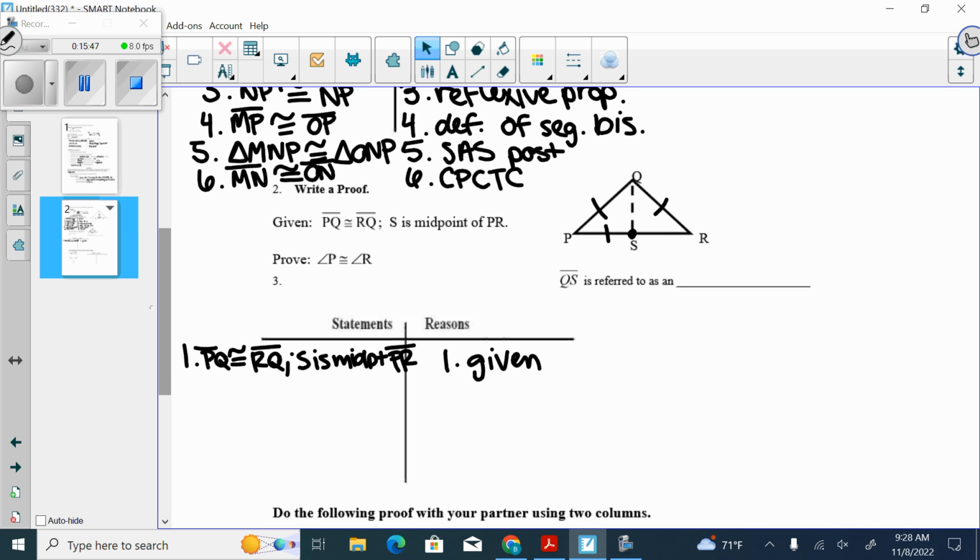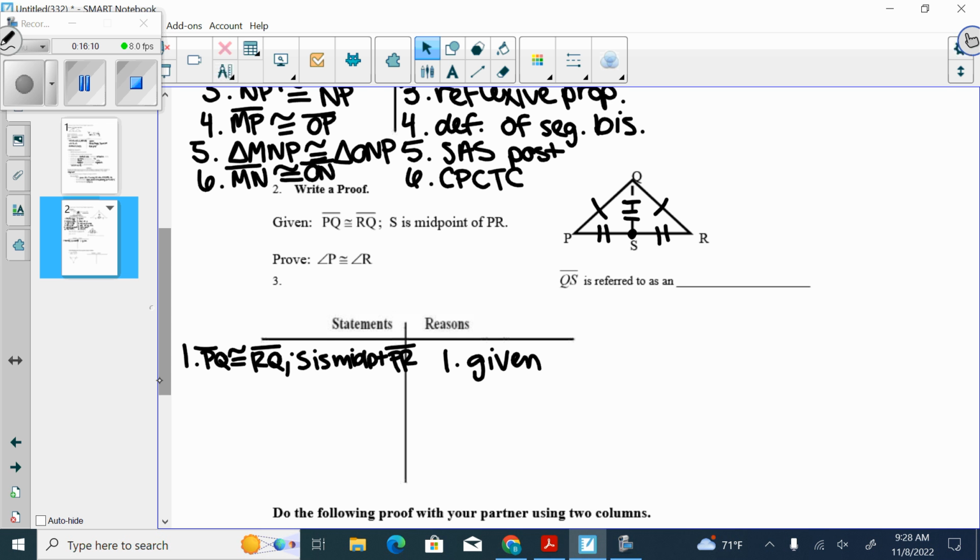Very good. Okay, so that's two sets of items. Is there anything not marked that we can add? Shared side, good. Alright, so now we have three things. Is this enough to say these two triangles are congruent? Okay, then I just need to make sure that all of those get mentioned in the proof.